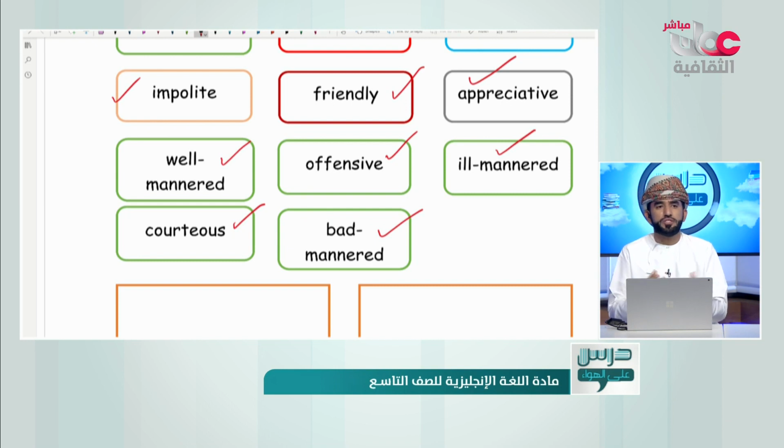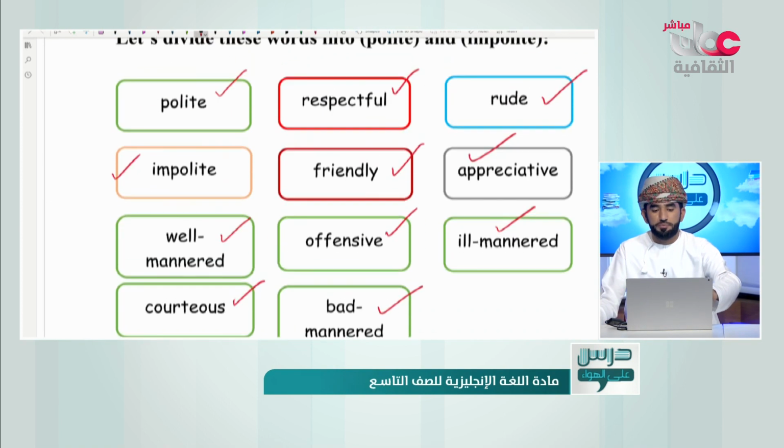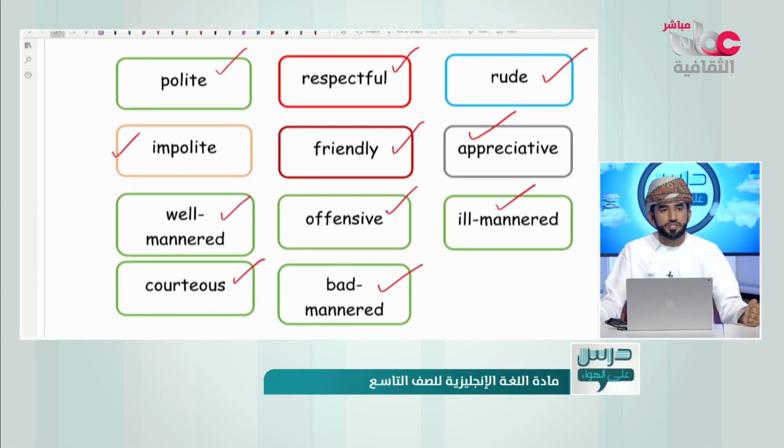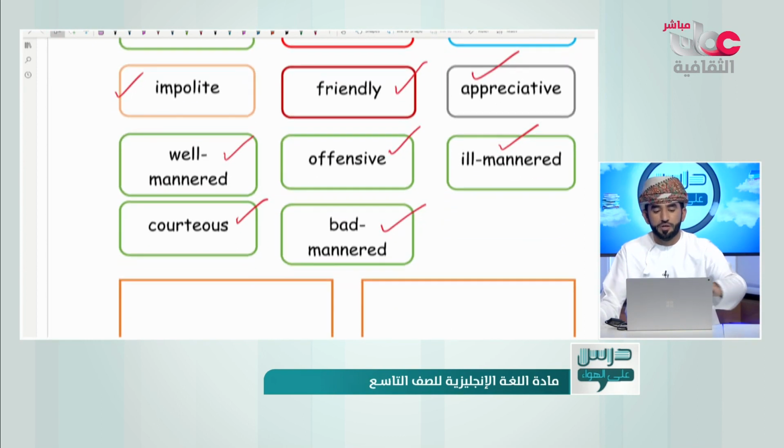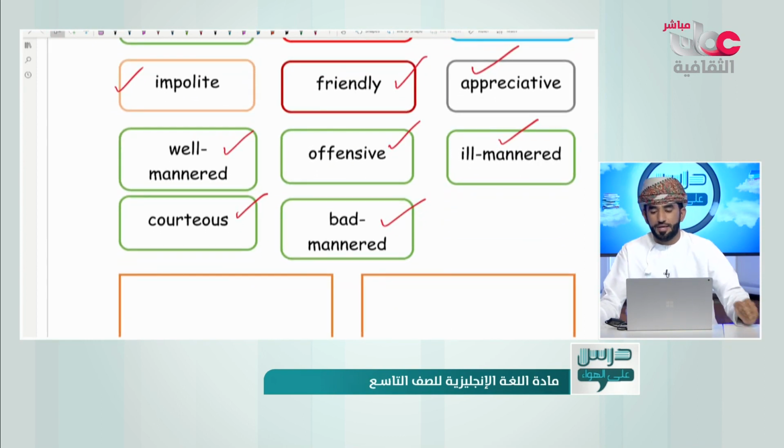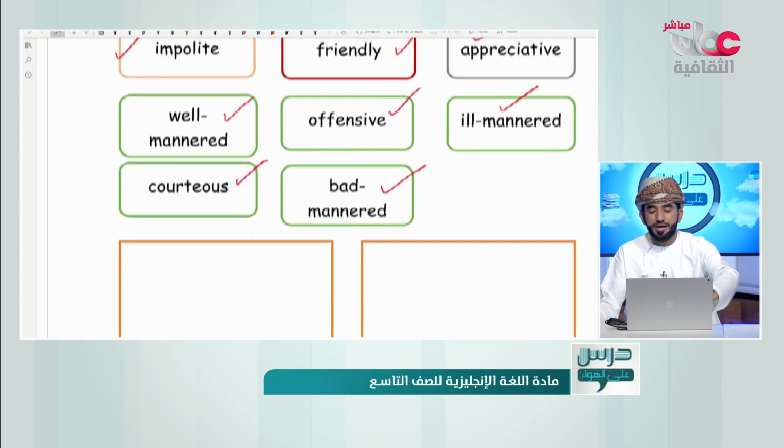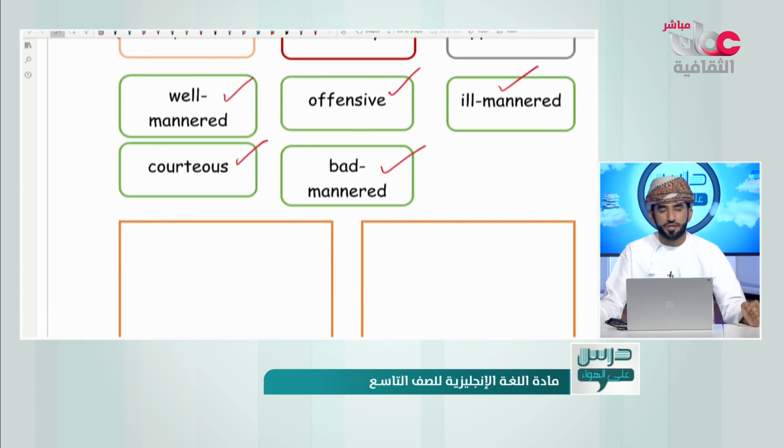Why don't you try to be very special when it comes to writing? Why don't you like to attract the teachers or whoever is reading your writing task? Am I right? So I'd like you to have a wonderful mix of those words when it comes to describing personalities. Polite, respectful, rude, impolite, friendly, appreciative, well-mannered, offensive, ill-mannered, courteous, bad-mannered. All of those words are adjectives.